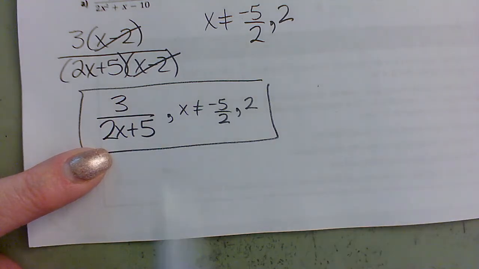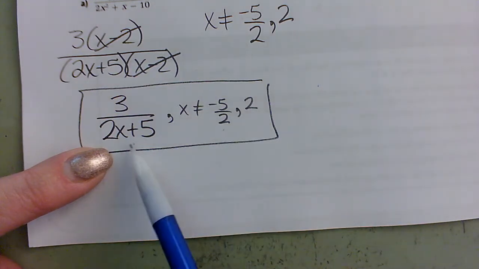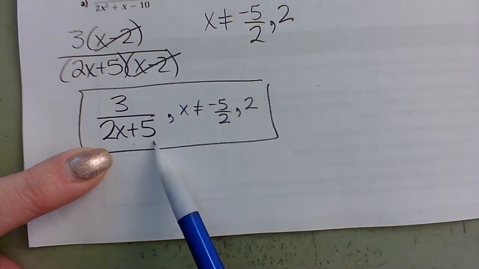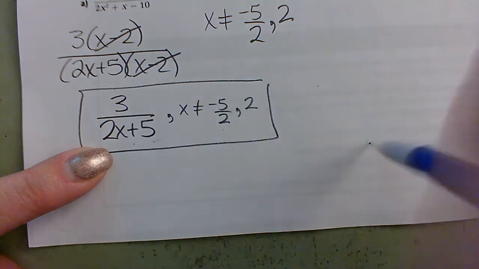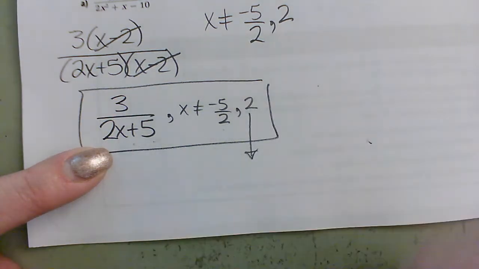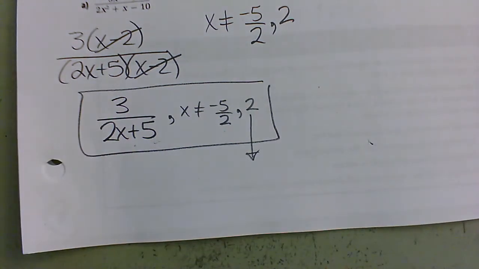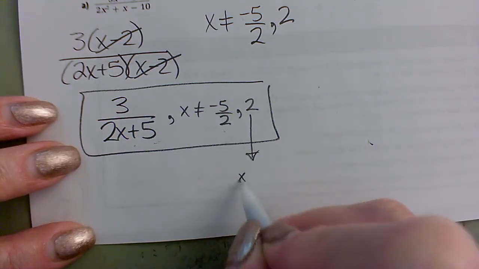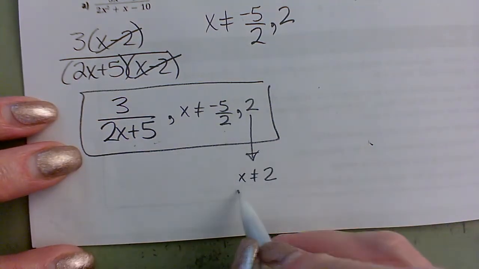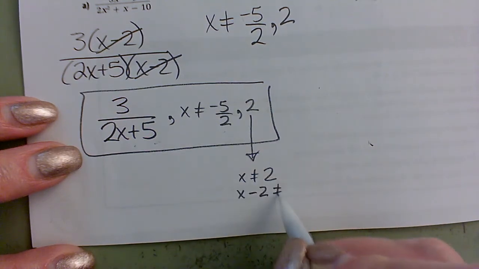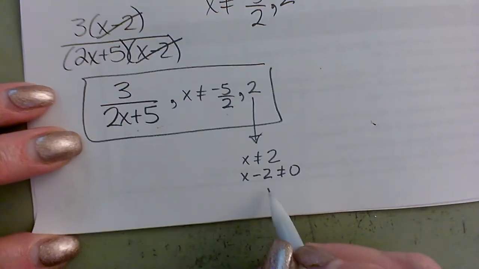If this is my answer and these are my restrictions, what was the original question? This one right here gives me this factor, but in order for me to get this one, what would that factor have had to have been? It would have had to have been an x minus 2.